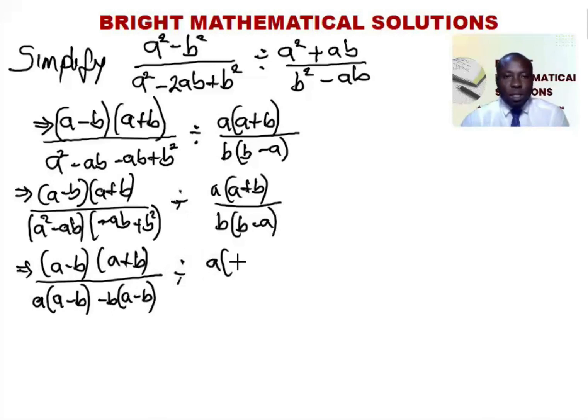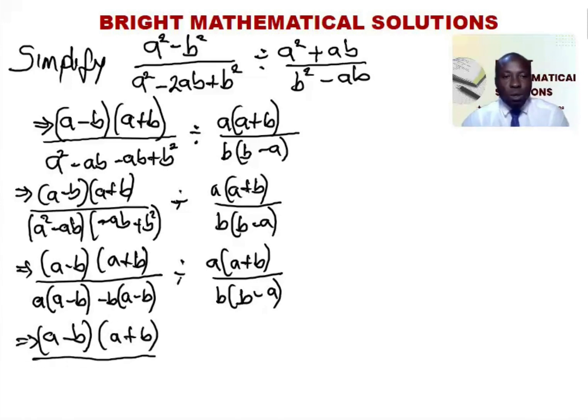Let me write this so that we won't forget the expression we are bringing down from b minus a. So this now becomes (a minus b)(a plus b) over, since a minus b is common, let us take 1 so that we can bring a minus b together. So a minus b, and we also have a minus b.